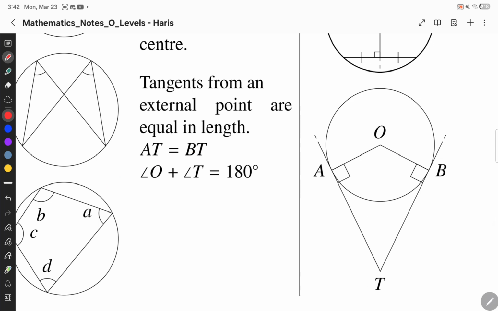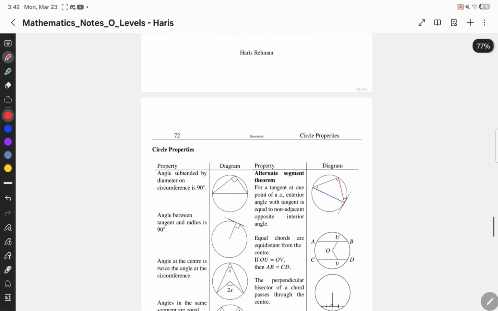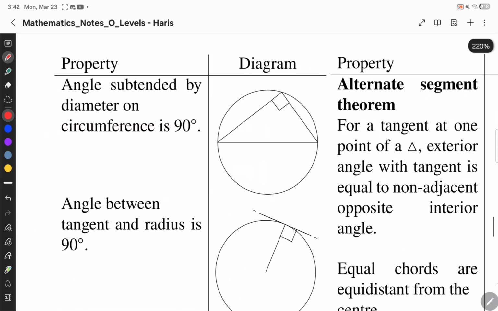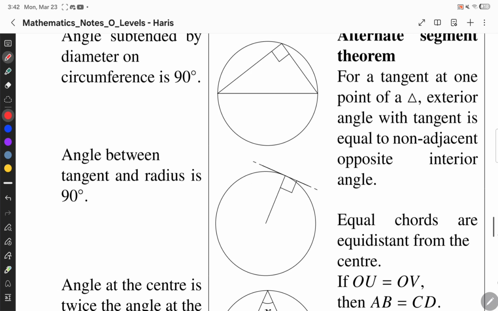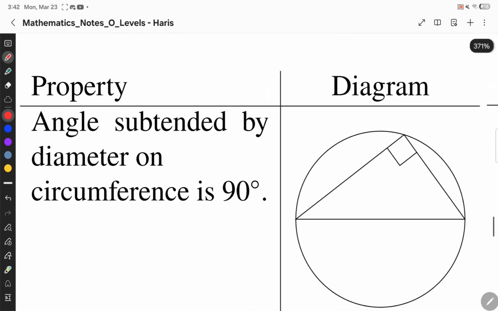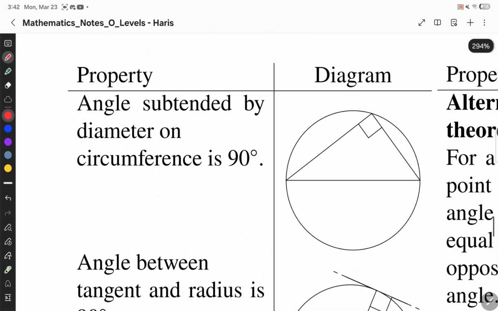This is a very useful point, and I have used it in my one hour topical video. Next, these are very simple. For this one, I did have a question where it did not tell me that it was 90, but I assumed it was 90 and it was correct.